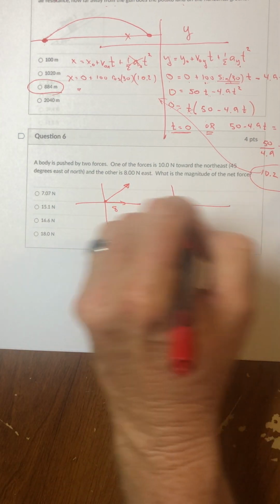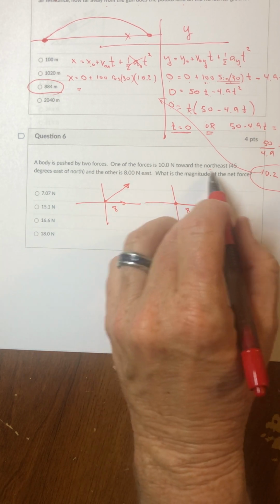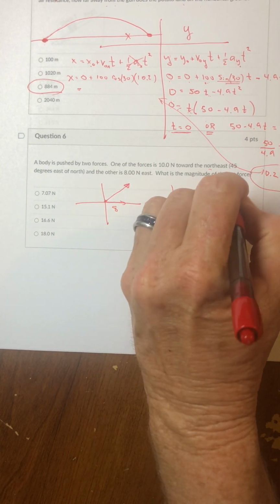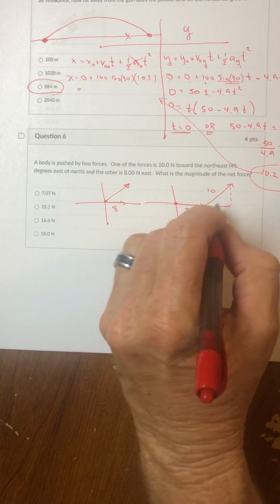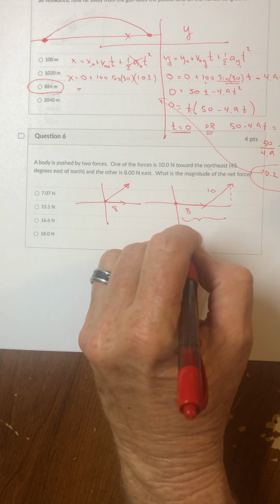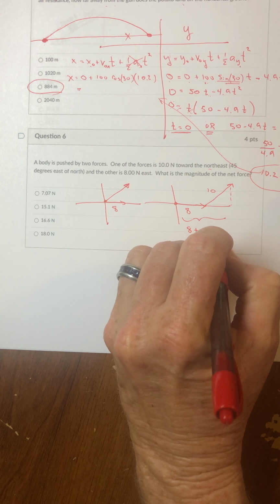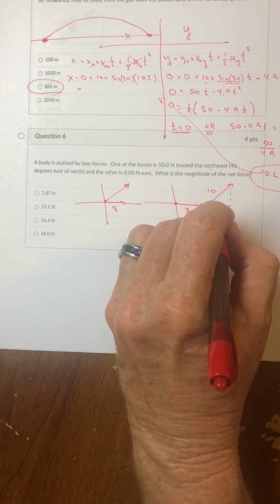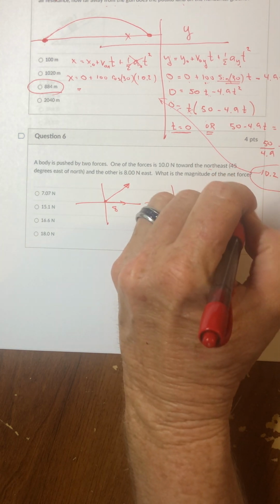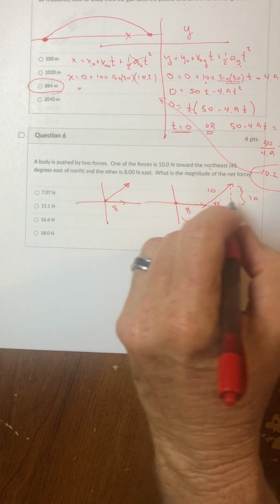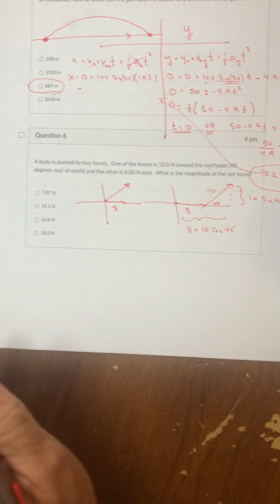Visually, maybe I'll write the 8 east first, and then the 10 up at an angle. To get how far it is in the x direction, it would be 8 plus the 10 times cosine of 45 to get the adjacent piece, whereas the vertical piece would just be the 10 times the sine of 45.